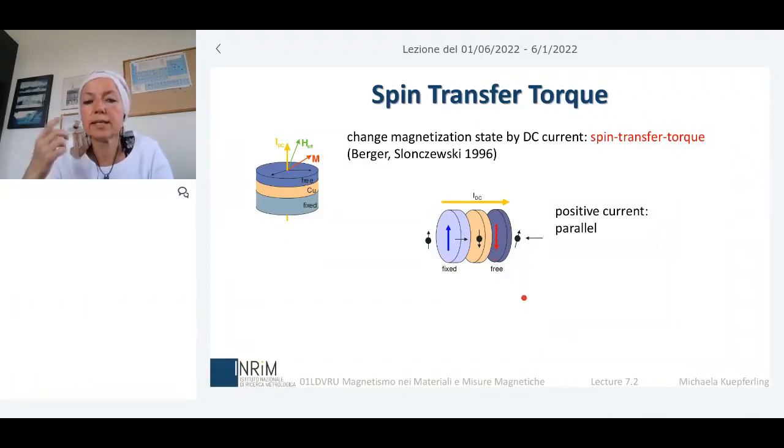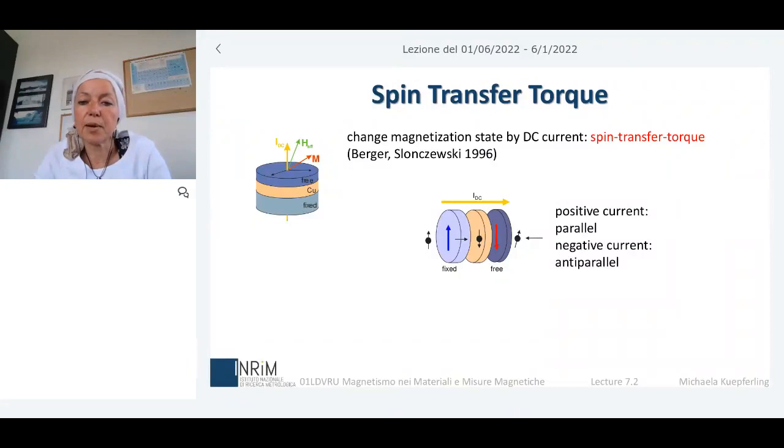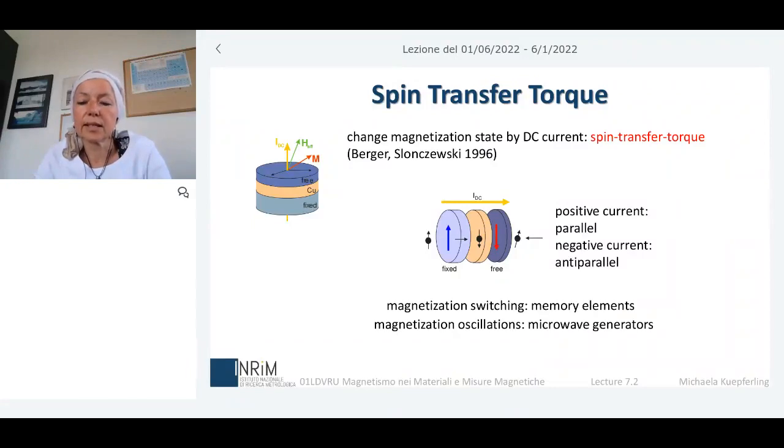So we will set the free layer anti-parallel with respect to the fixed layer. In this way, very easily, we can write a 0 and a 1 bit in your MRAM memory. This is really very, very elegant in order to write information on an MRAM.